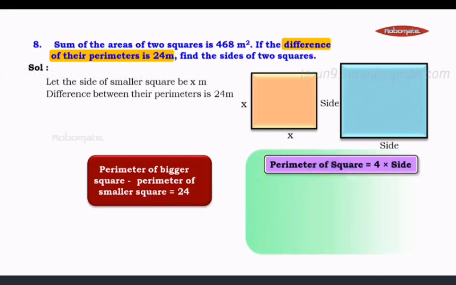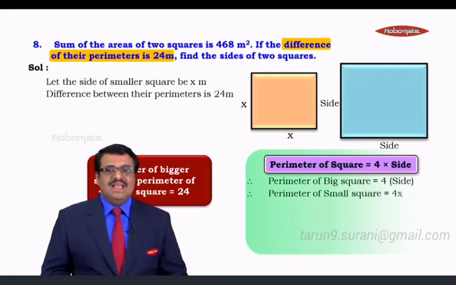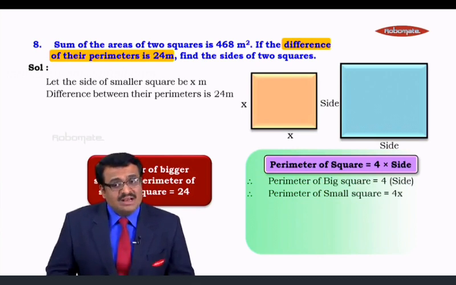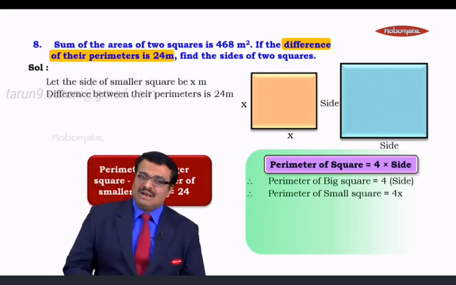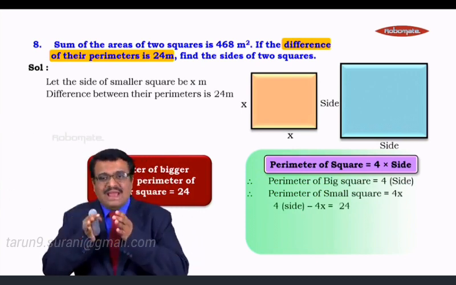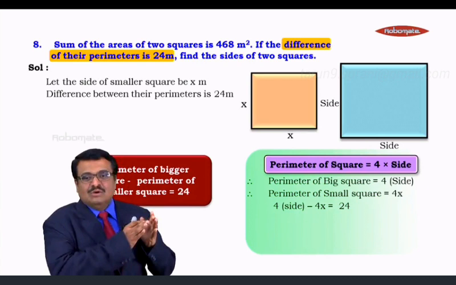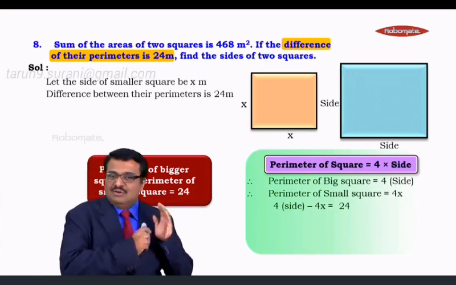So, perimeter of the bigger square will be 4 into side of the bigger square, we called it side only. And perimeter of the smaller square, the side being x, becomes 4x. So, 4 into side minus 4 into x is equal to 24.